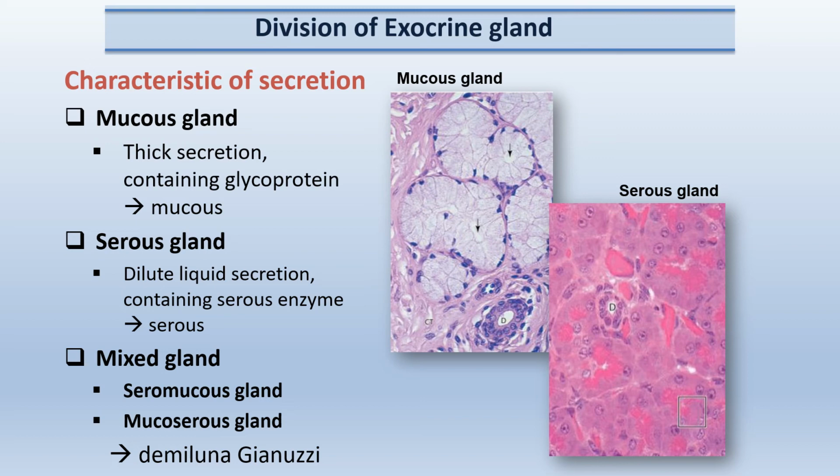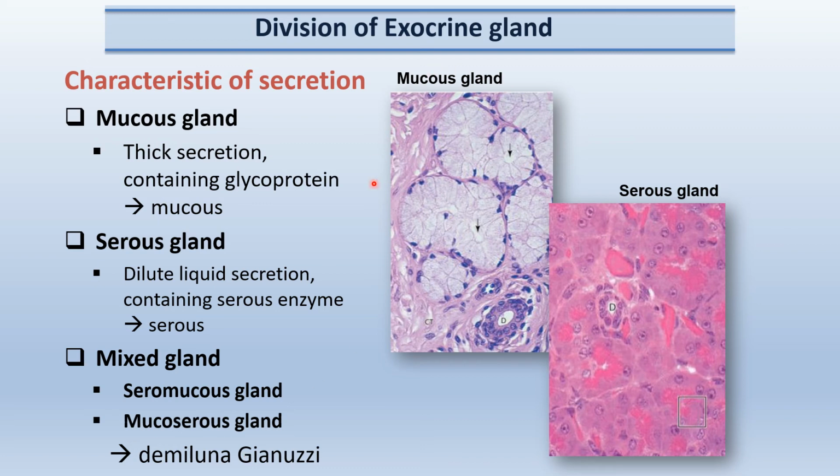Mixed gland is divided into two types, seromucous glands and mucoserous glands. Seromucous if the serous glands are more than mucous glands. Mucoserous glands if mucous glands are more than serous glands. There is a structure where the serous and mucous are in one gland, and it is called the demilune of Giannuzzi.